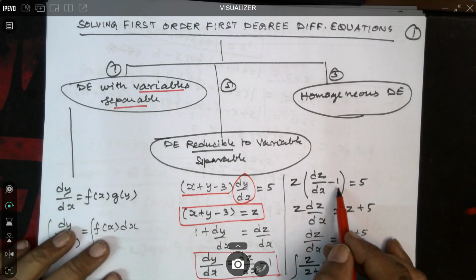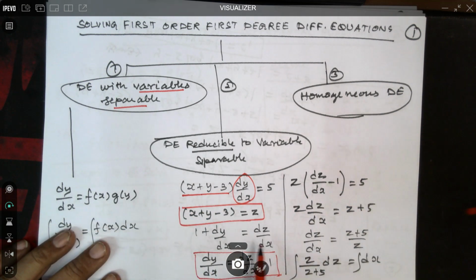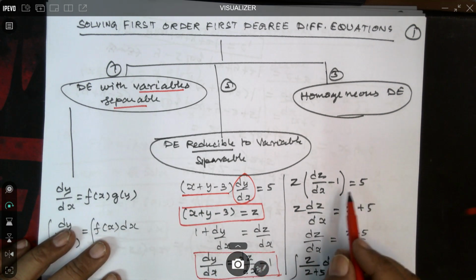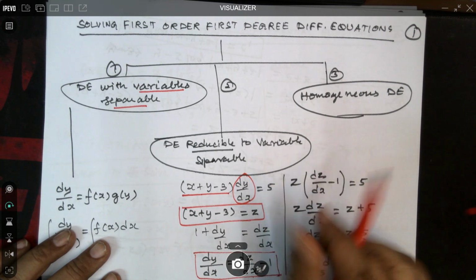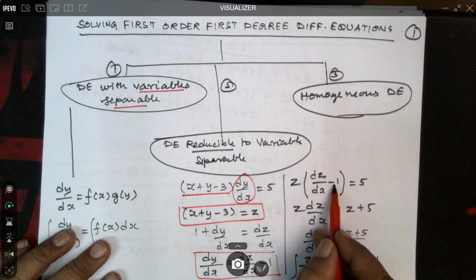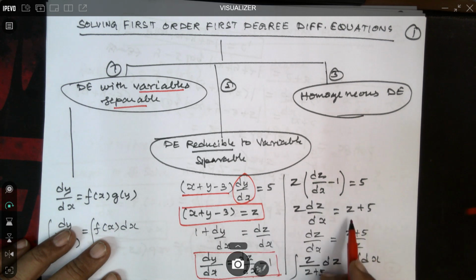Now I can put z into dz by dx. I have split this, and minus z becomes plus z, so z plus 5. Now for dz divided by dx, you can bring this z to the RHS, so z plus 5 divided by z, right?